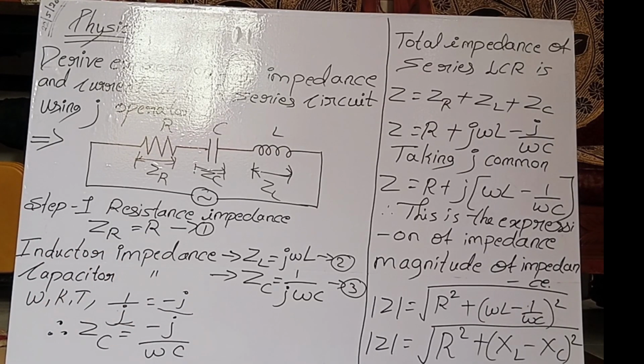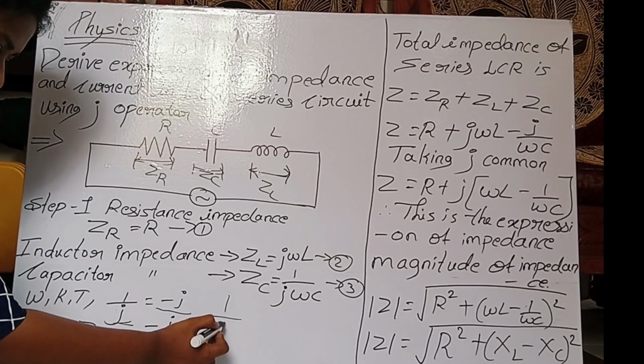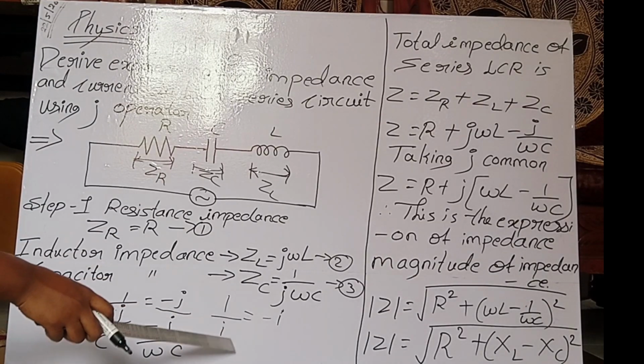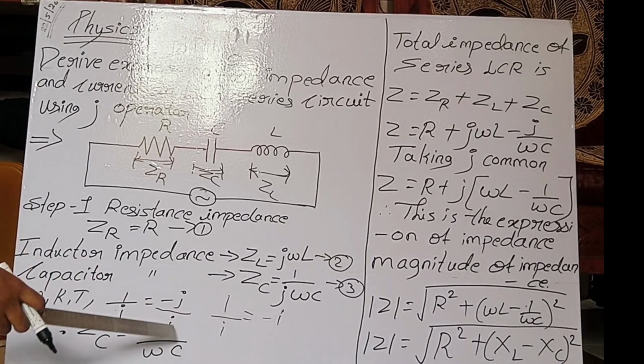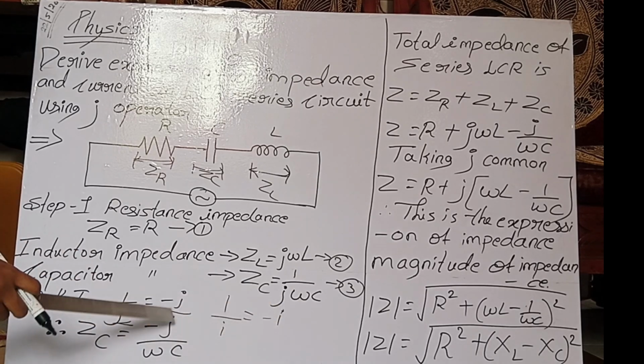The standard equation is 1 by I equal to minus I, so in the place of I we have a J, just replace. So 1 by J we can write as minus J.